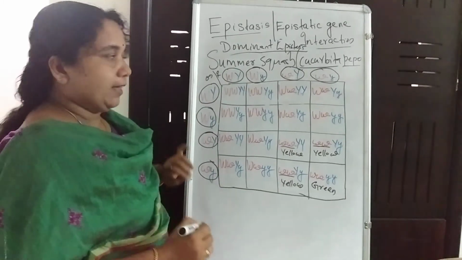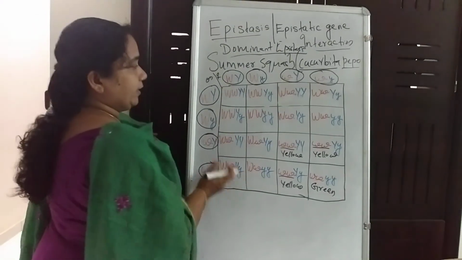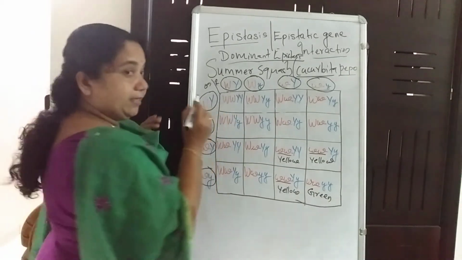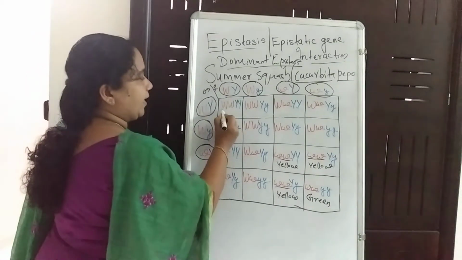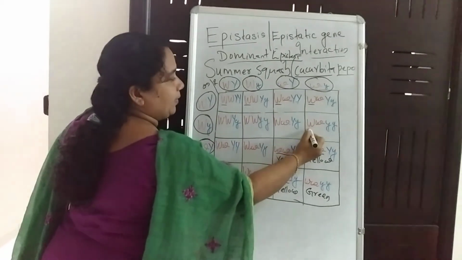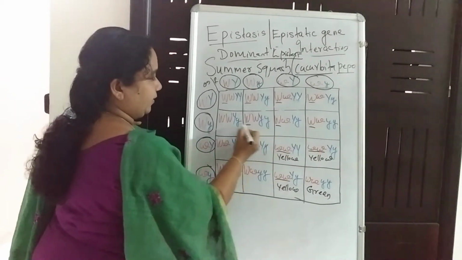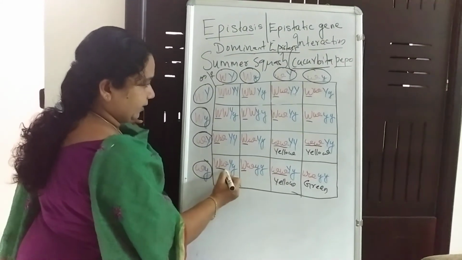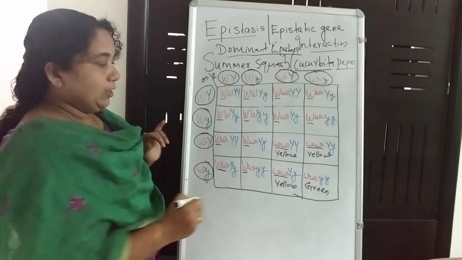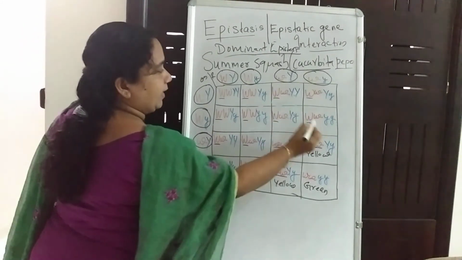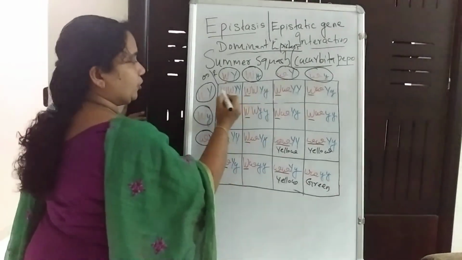Again, what are all these? In all these cases there is a capital W gene. At least one capital W is there. Here it is, here it is, here it is, here it is. So these are all 1, 2, 3, 4, 5, 6, 7, 8, 9, 10, 11, 12.